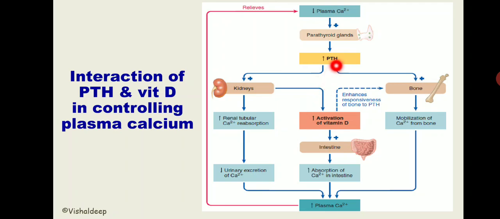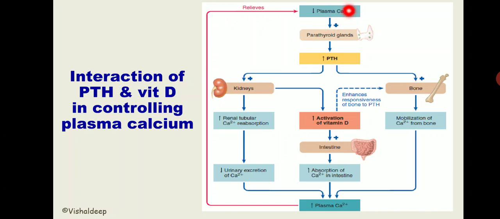And parathyroid hormone will also increase the activation of vitamin D, and this vitamin D eventually enters the intestine and increases calcium absorption. So ultimately the final result is increased calcium level in the plasma. Whenever there is decreased plasma calcium, it will increase parathyroid hormone. As I told you earlier, plasma calcium and parathyroid hormone are inversely related.